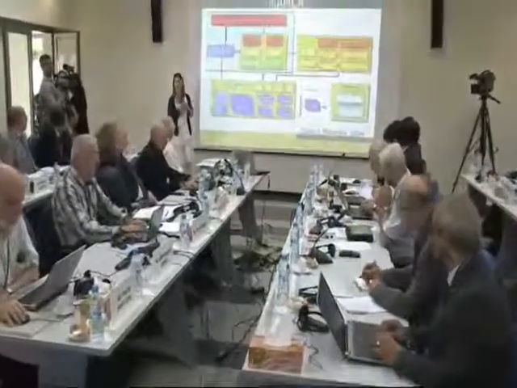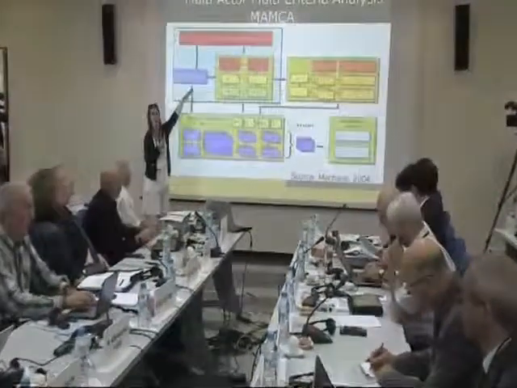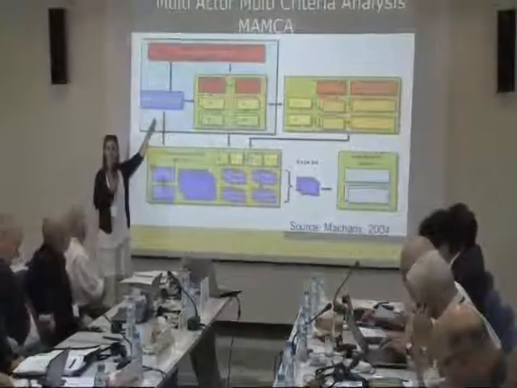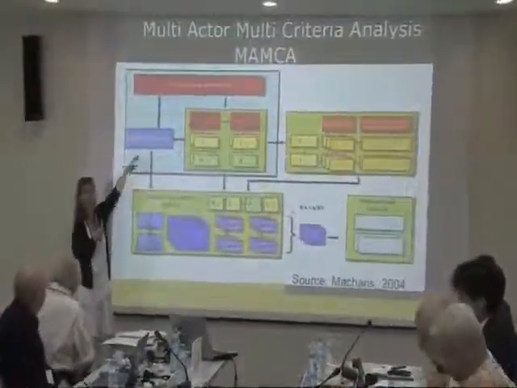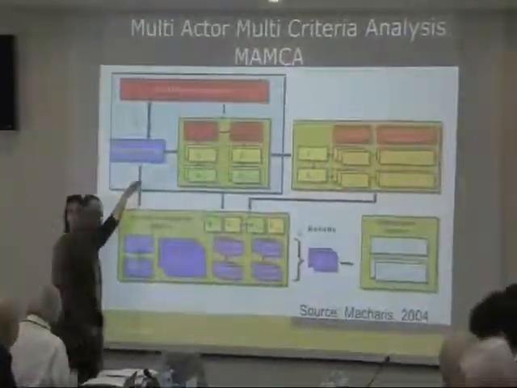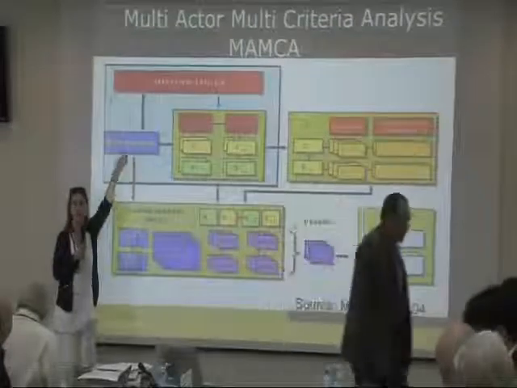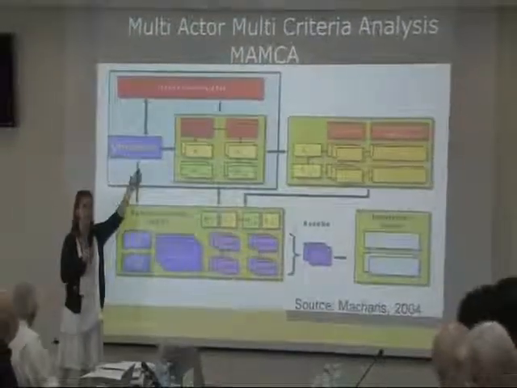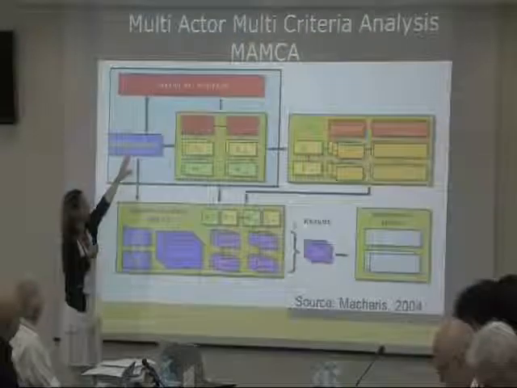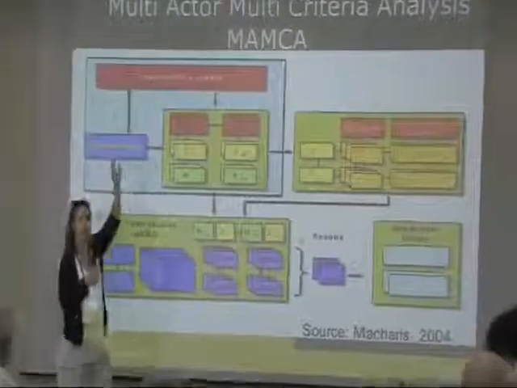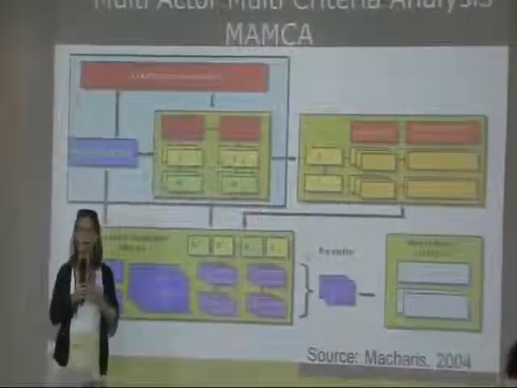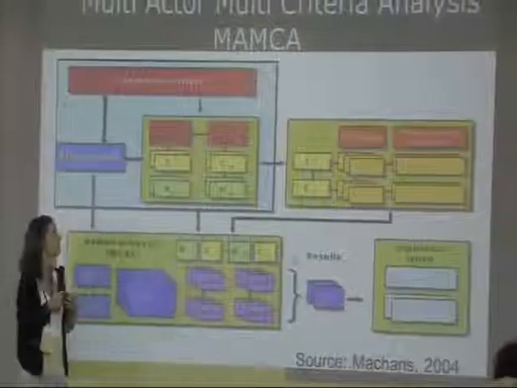And it starts with first looking at what are possible solutions for the challenges, what are possible alternatives, possible locations, possible technologies, possible policy measures. And then directly look who is involved, what are the stakeholders.